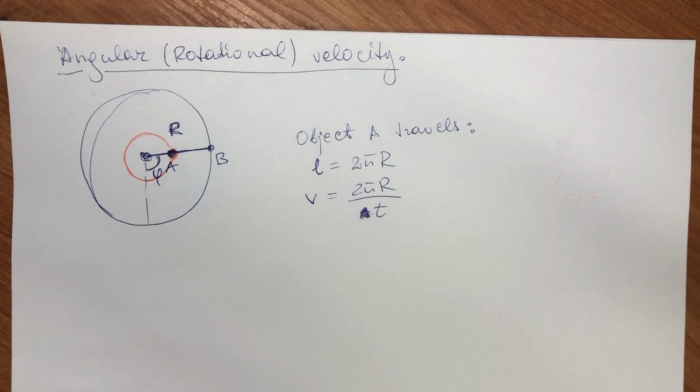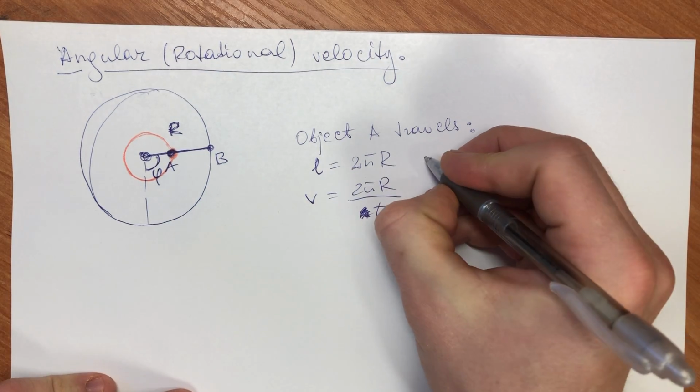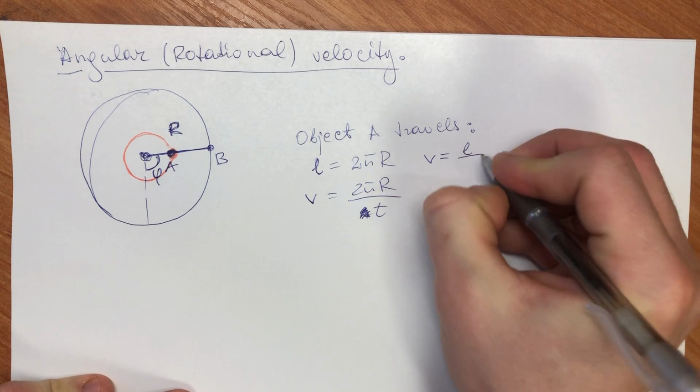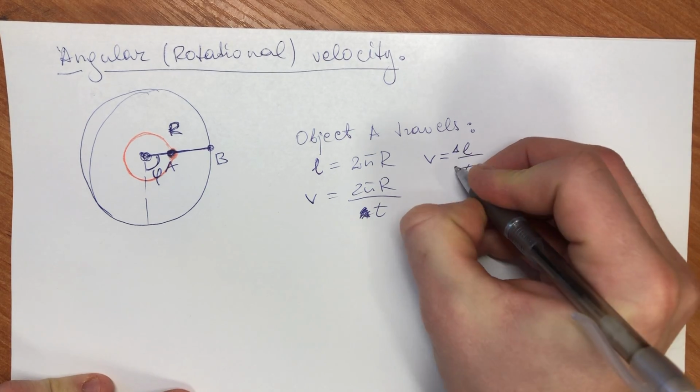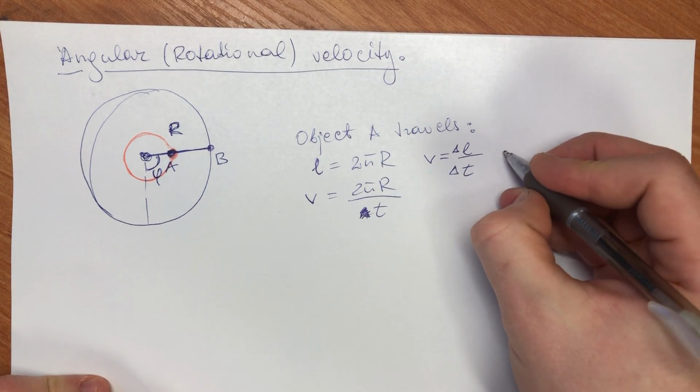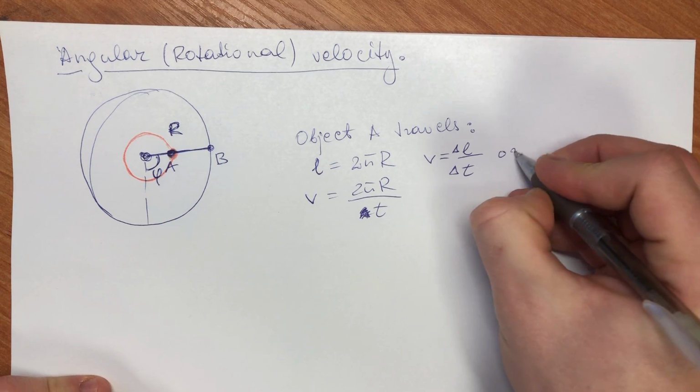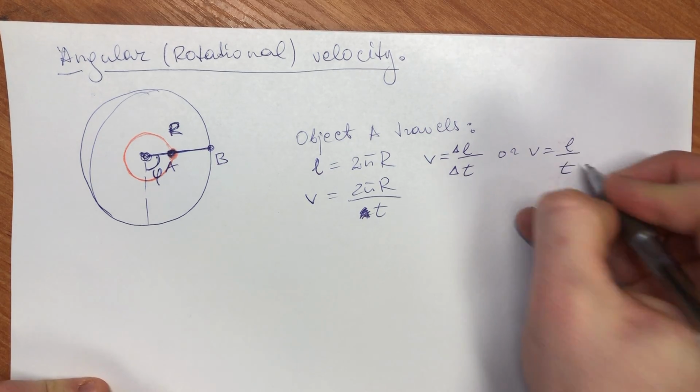Delta may be not important because it travels, let's say, from the time t1 equal to 0. So v is L divided by delta t, or simply v is L divided by t.